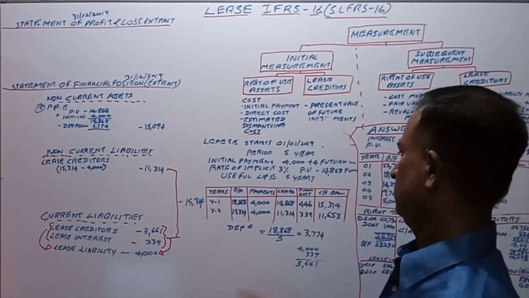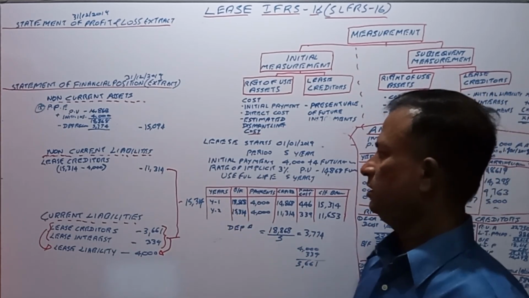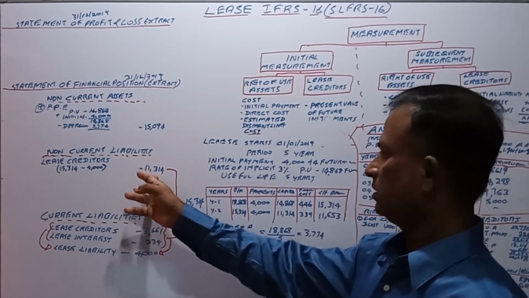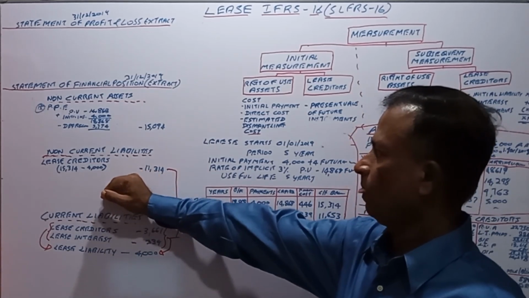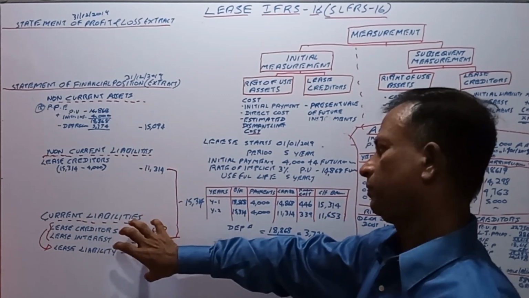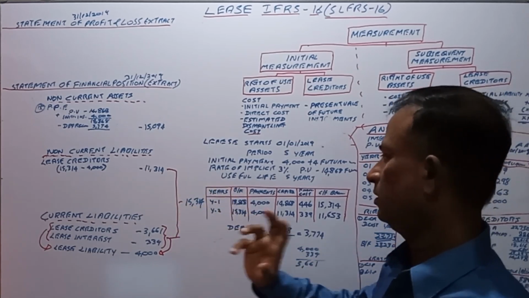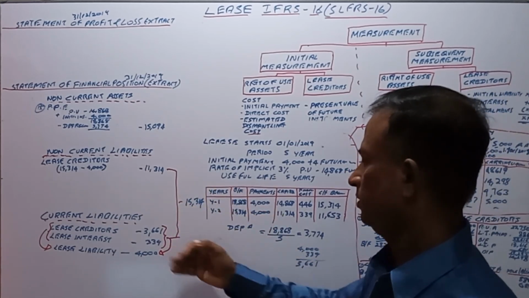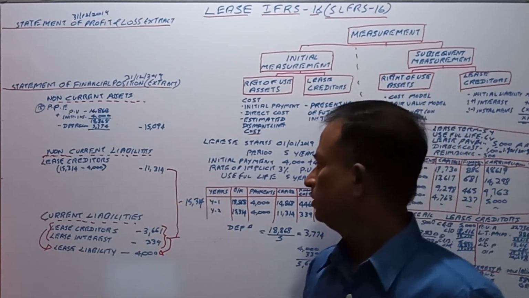Instead of showing it in one balance, you have to split it and show it. This falls under the long term; this falls under the current, within the 12 months period, right? That's why we split it. Okay, understood?